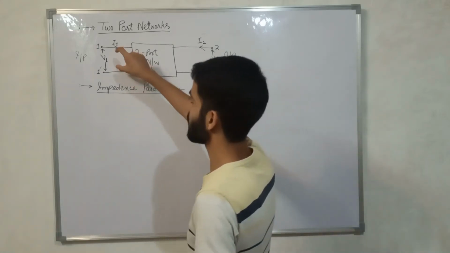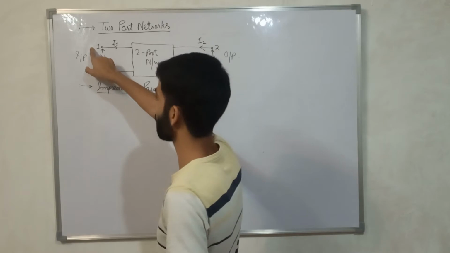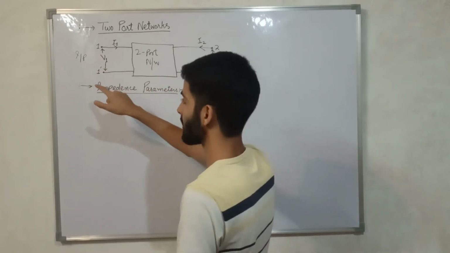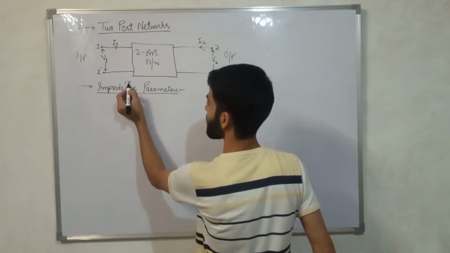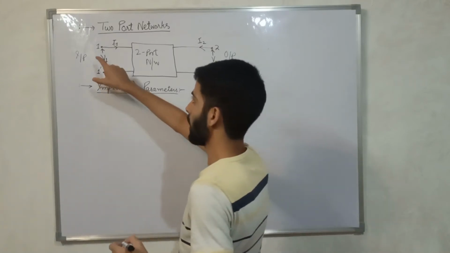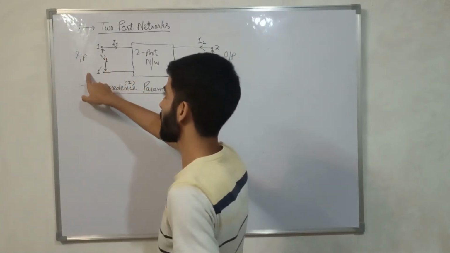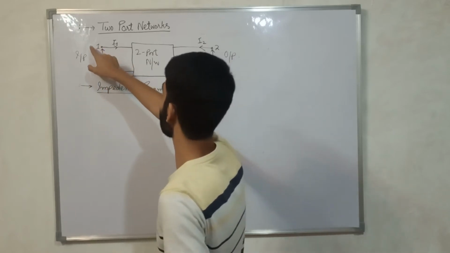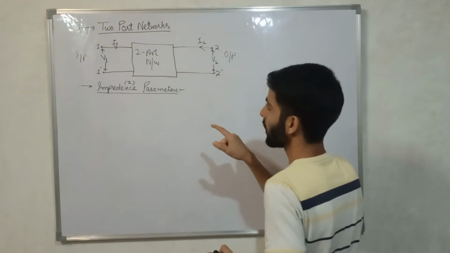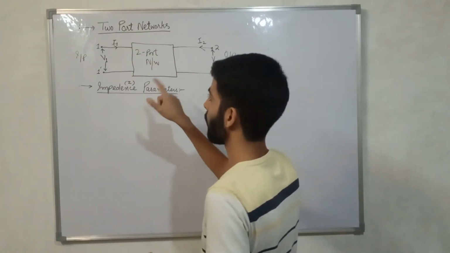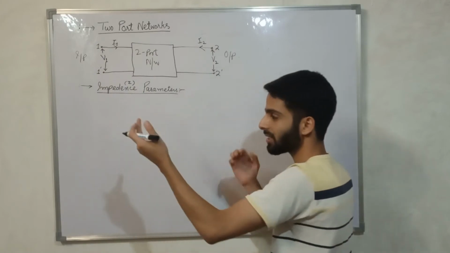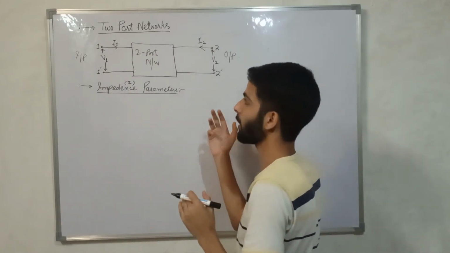For example, there is some impedance between point 1 and 1 dash. Impedance is written as Z with a subscript. For 1 and 1 dash, that will be Z11. The impedance between 1 and 2 will be Z12. The impedance between point 2 and point 1, in the reverse order, will be Z21.